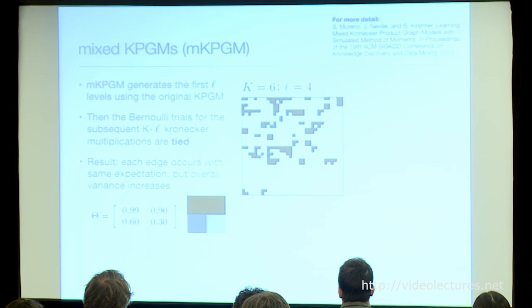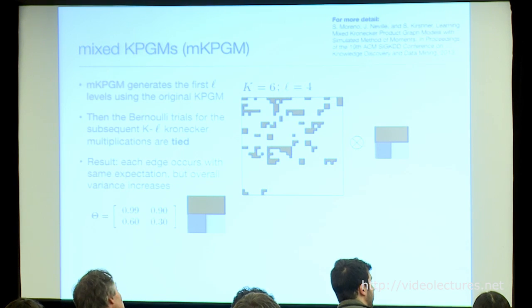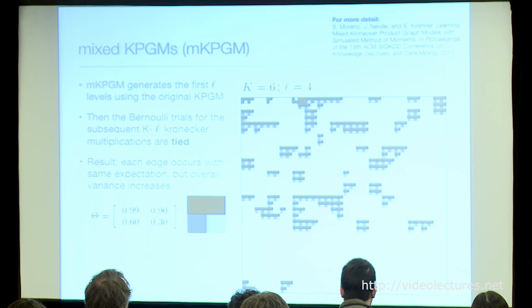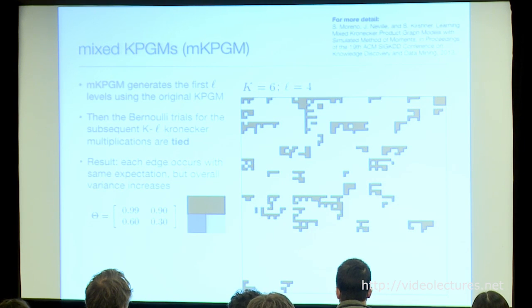The reason it's called a mixed Kronecker product is that we don't fully tie it. We only tie it after the first 3 iterations. Depending on where you do that level of tying, that affects how much variation you get in the underlying graphs. So here is the last result. Maybe you can't see this from the matrix, but what we can show theoretically is that each edge exists with the same probability and expectation in this mixed model versus the underlying Kronecker model.